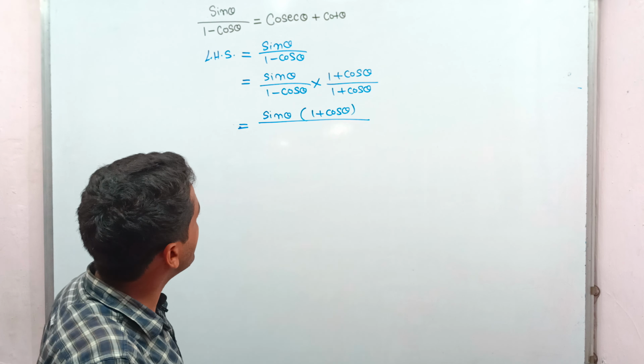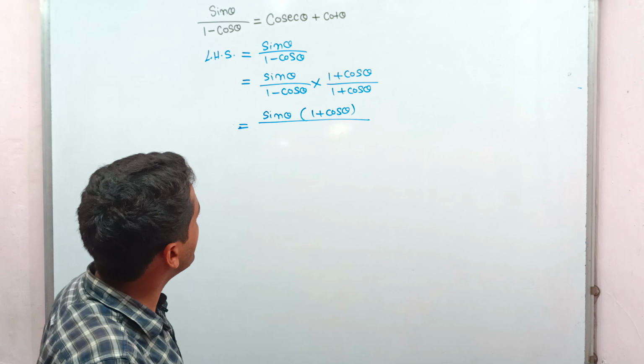After writing this, whatever is outside of the bracket will be multiplied one time with this and one time with this. It means whichever question we solve, first of all we have to break the bracket. And in the denominator we apply the a square minus b square formula, which is 1 minus cos square theta.